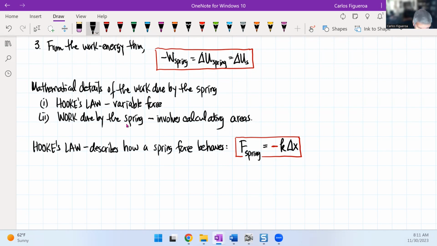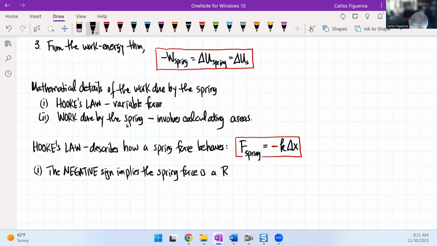But if I was to look at this here, I would then start to say, okay, the first thing I would say is that the negative sign implies the spring force is a restoring type of force.